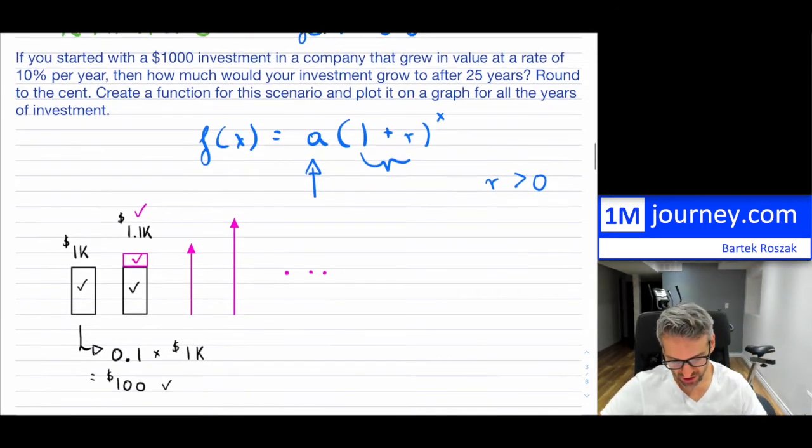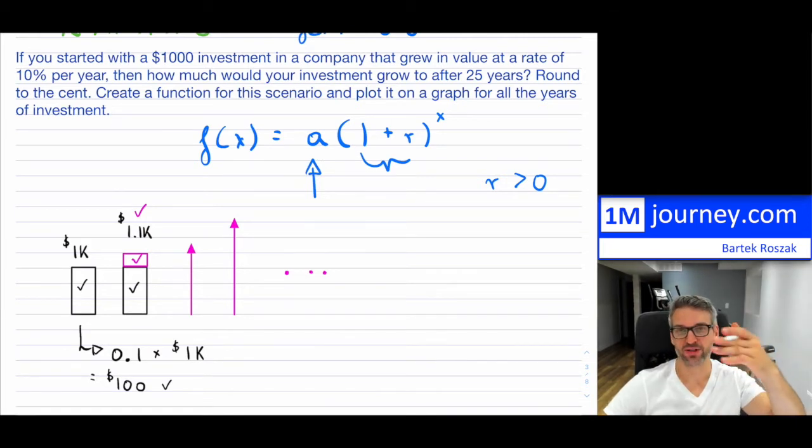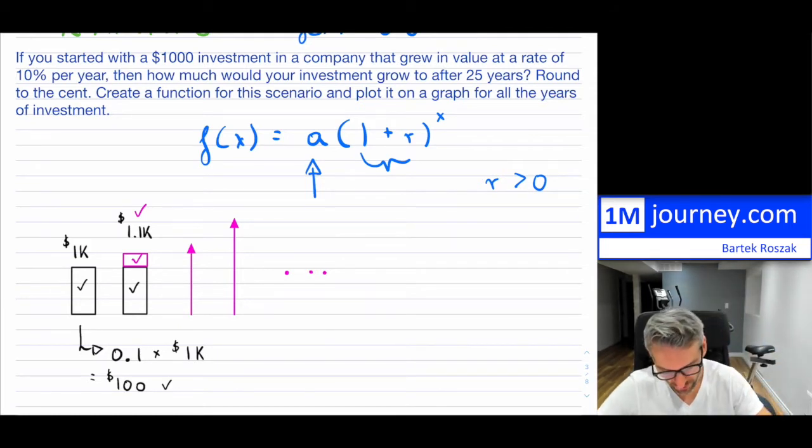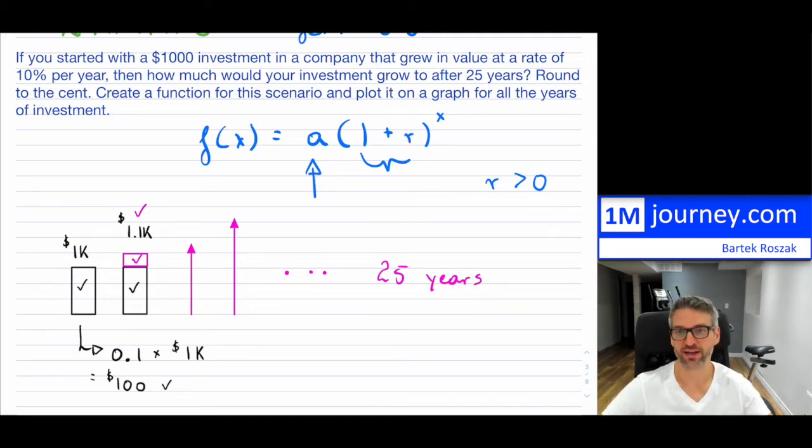And in this question, it says, how much did it grow to after 25 years? Well, you surely wouldn't want to be drawing these graphs and doing these calculations individually, adding 10% to the past year every single time for 25 times. That would be really annoying.